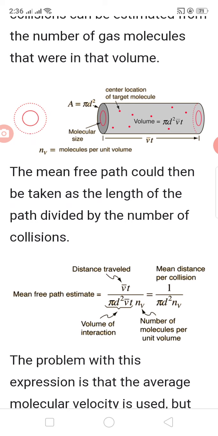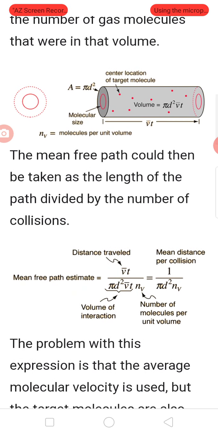By simplifying this equation again, the distance traveled is present in the numerator as well as in the denominator, so it cancels out. The remaining equation will be 1 over pi d square Nv, which is known as the mean distance per collision.